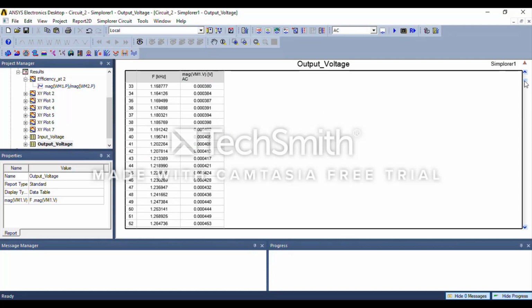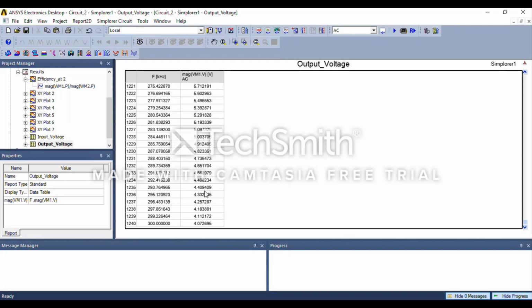As the frequency increases and approaches our resonant frequency, that is 150 kilohertz, we can see the maximum voltage is received at the receiver side, and high values of voltage are received at 140 to 150 kilohertz. As the frequency increases again, we find a drop in voltage values, and it decreases drastically.